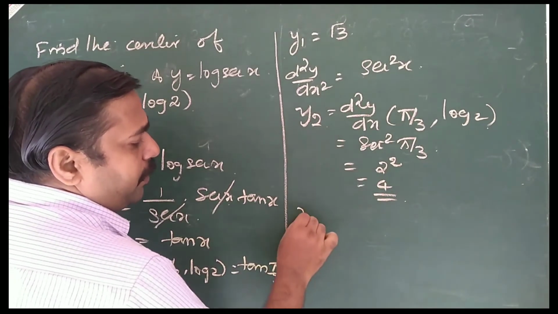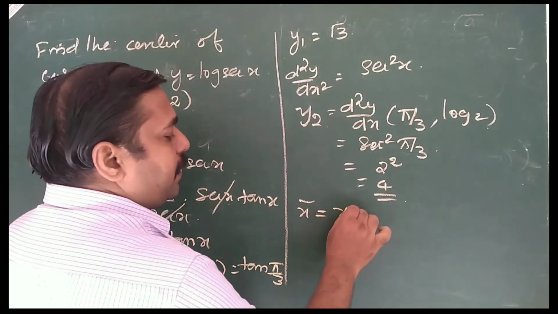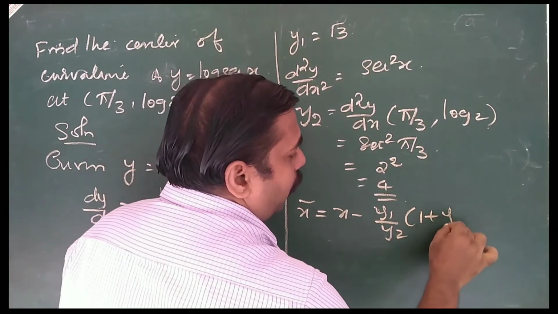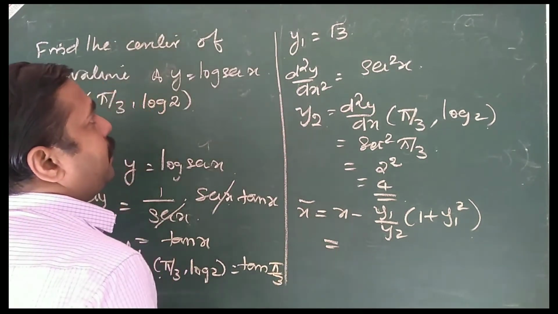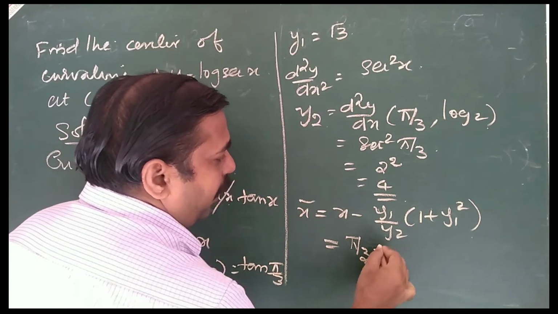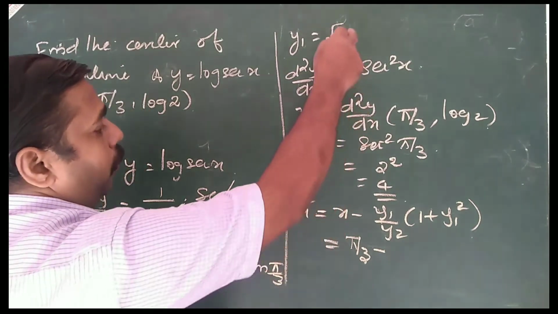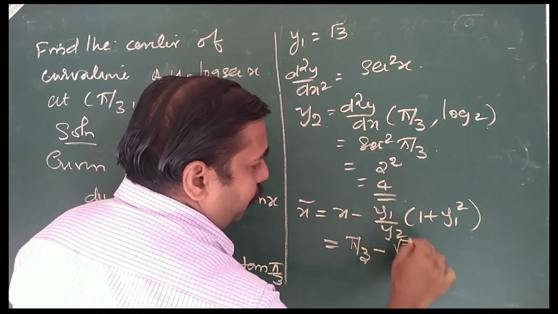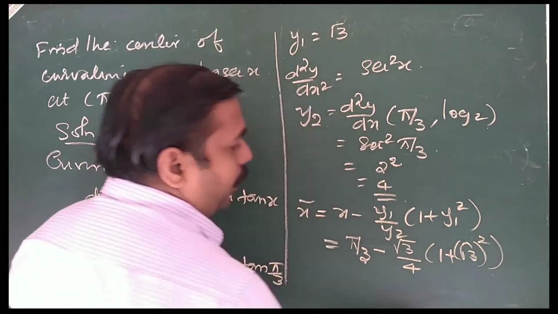So what is the formula? X bar is equal to x minus y1 by y2 into (1 plus y1 square). What is x? X is equal to pi by 3 minus y1, where y1 is equal to root 3, divided by y2, which is 4, into (1 plus root 3 square).